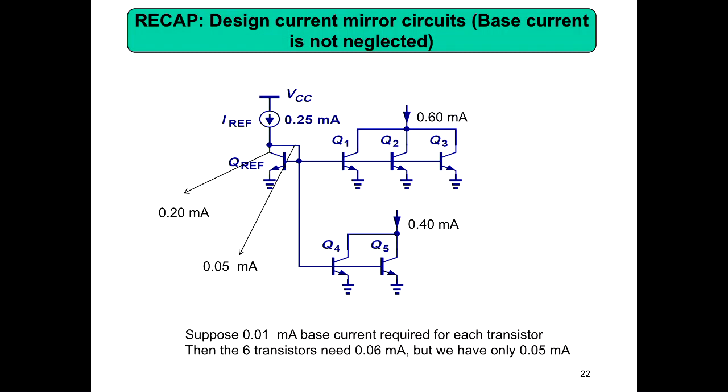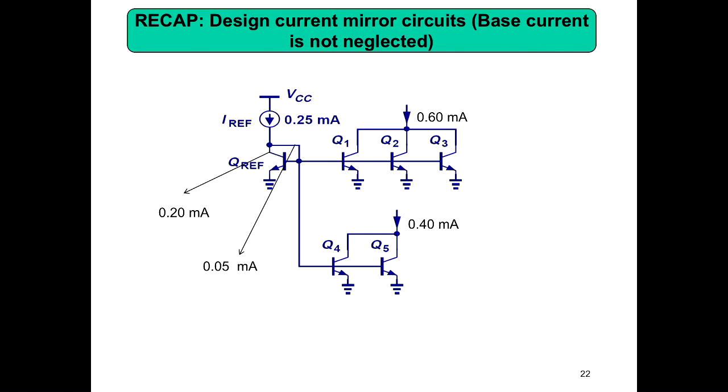Suppose 0.01 milliamps base current is required for each transistor, then there is also another problem. If that is the case, you have got here 0.060 milliamps, 0.04 milliamps, then there is also another headache, because here suppose you are getting 0.05 milliamps.